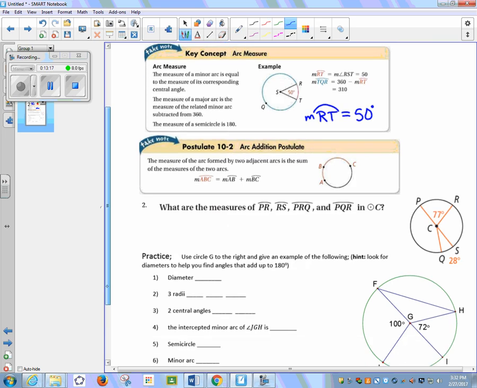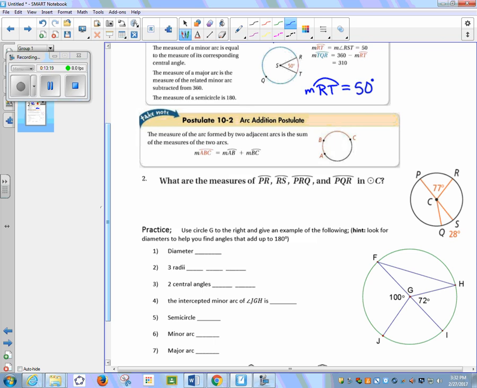By the same concept, if you have adjacent arcs like we talked about, two arcs that are right next to each other, in this case arc AB and arc BC, they can just be added together. It's like the segment addition postulate or angle addition postulate. If we have a segment ABC, this piece AB plus this piece BC equals the whole length AC, right?